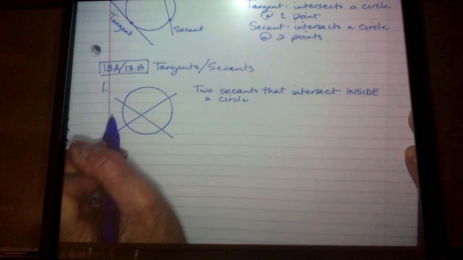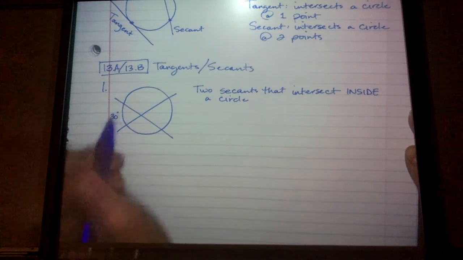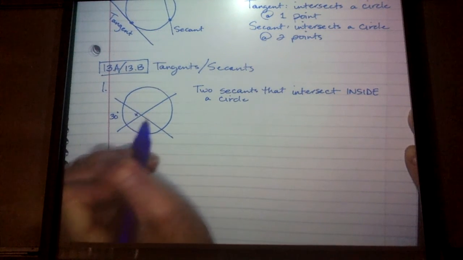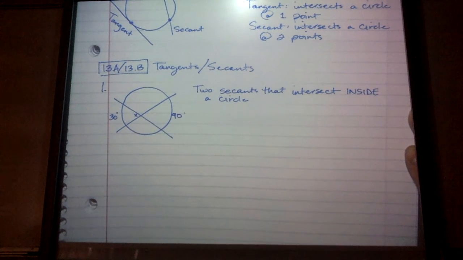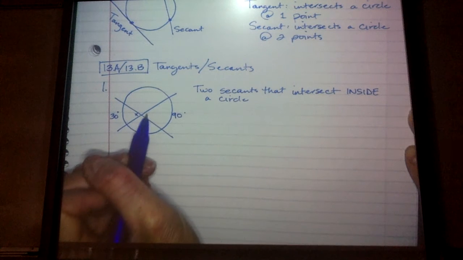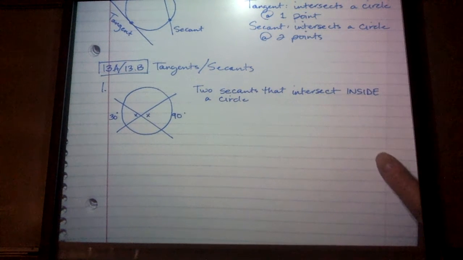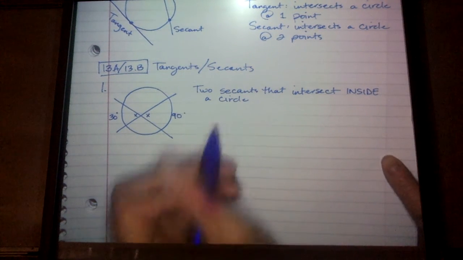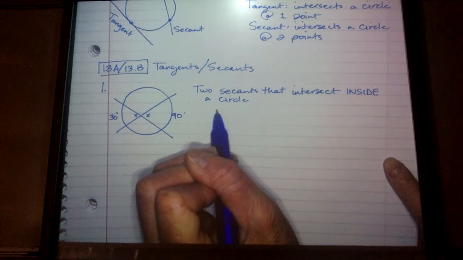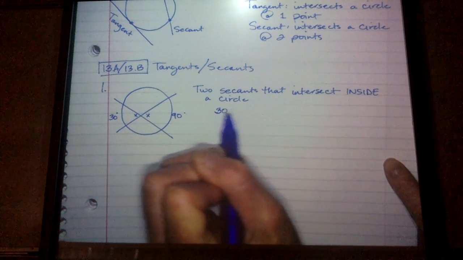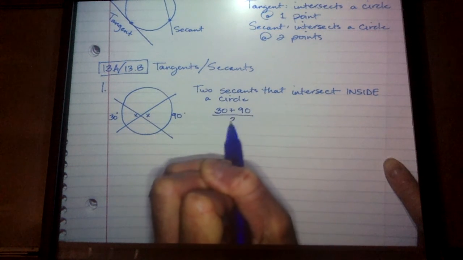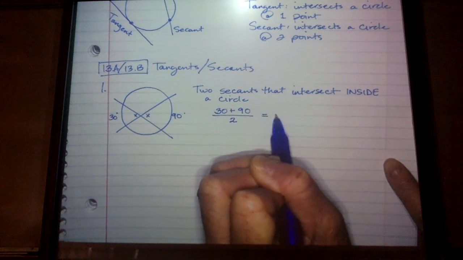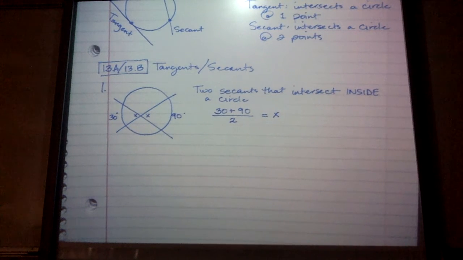This arc here is 30 degrees, angle X. This arc over here is 90 degrees. Really quick, these are vertical angles, so these are both X. This property states that the sum of the two arcs, so 30 plus 90, divided by 2 will equal your angle on the inside.